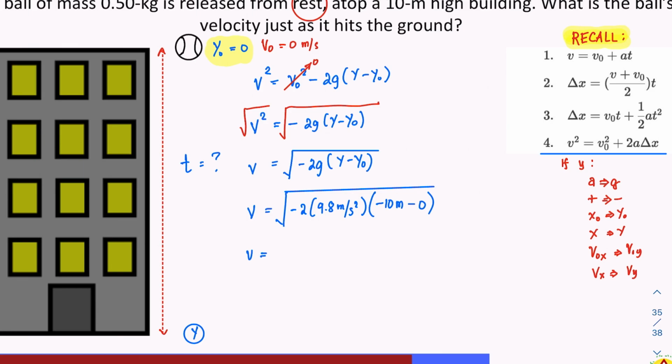Okay, so when you try to calculate this one, basically this is still the square root of 980 meters squared per second squared, and that means to say this is exactly the same velocity as we found earlier, which is 14 meters per second.